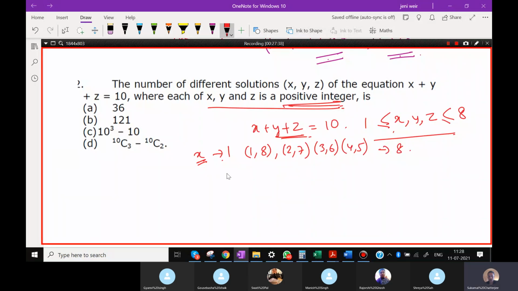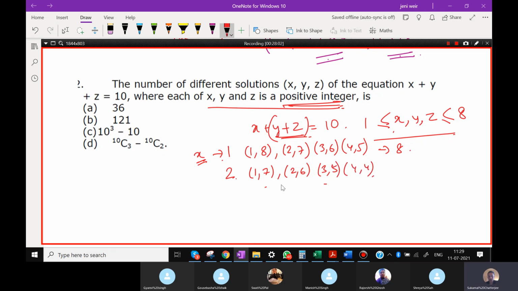Similarly, for x equal to 2, the total of y plus z has to be equal to 8. So that can happen in 1 and 7, or 2 and 6, or 3 and 5, or 4 and 4.